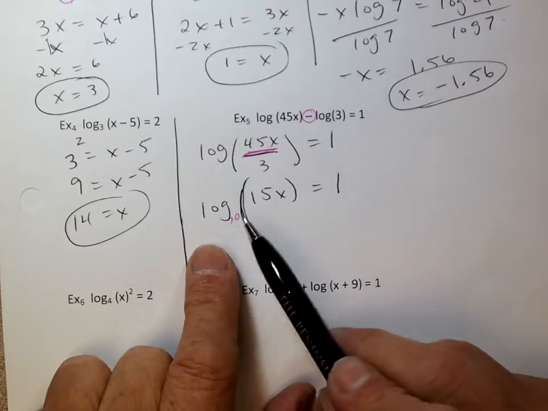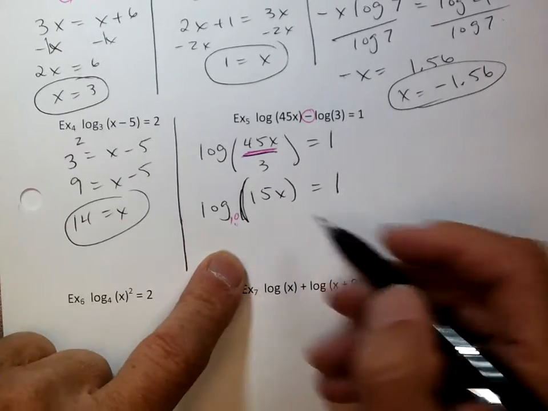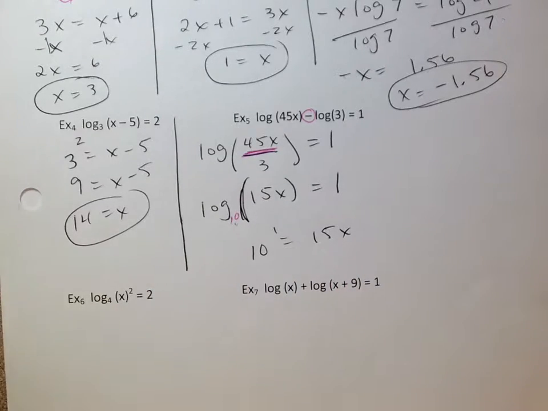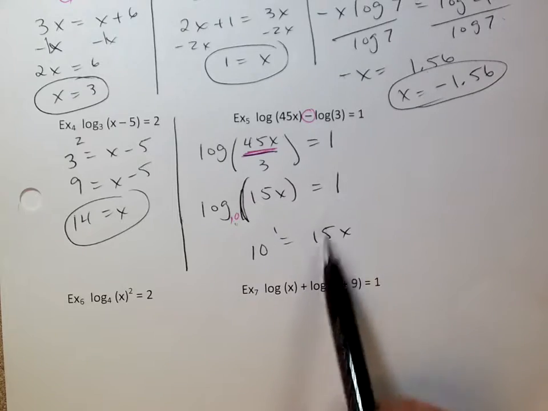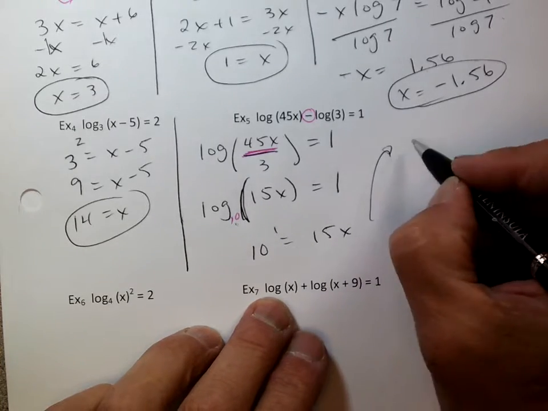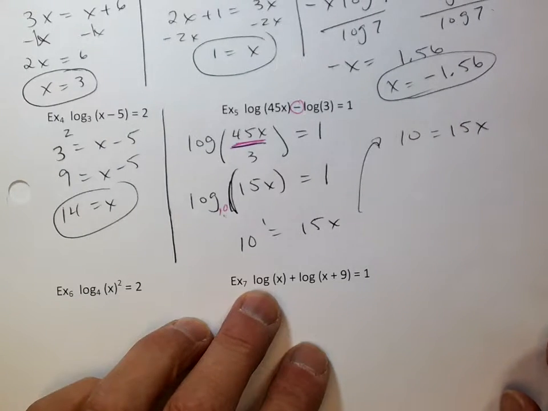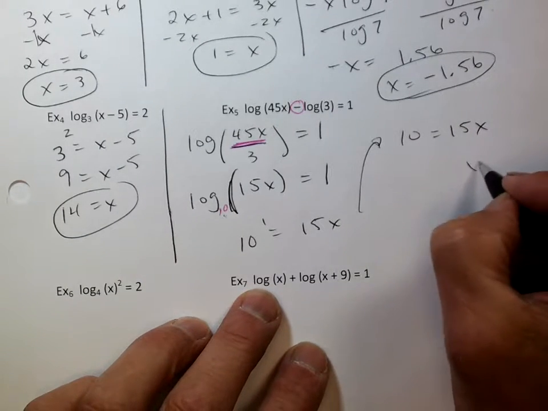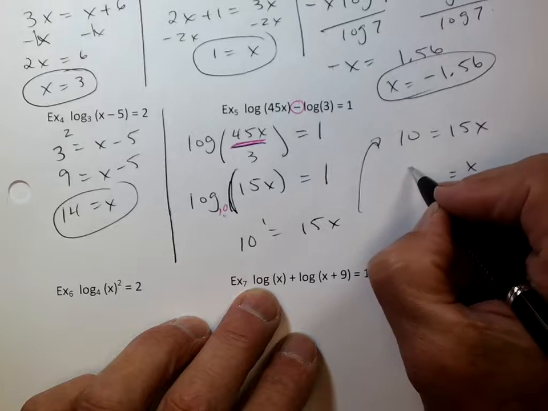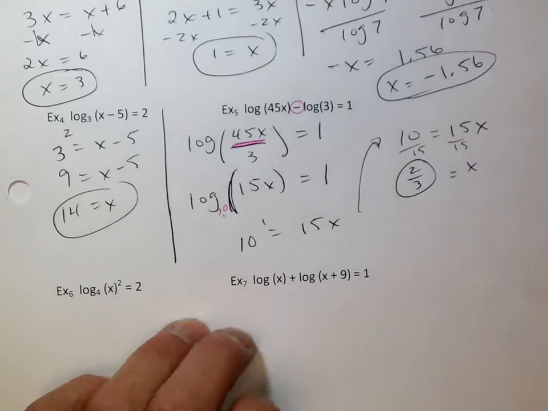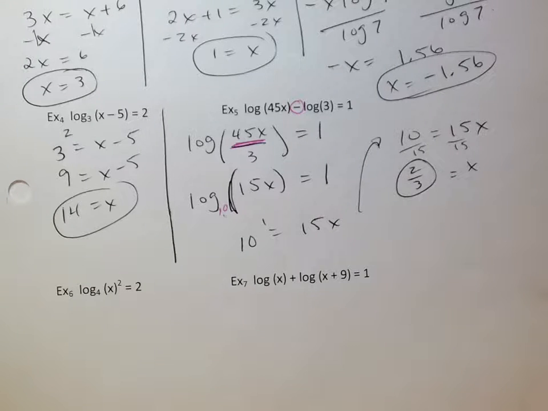So I'm going to go 10 to the 1 power equals 15x. Now it's easy, right? So 10 to the 1 power equals 15x, or 10 equals 15x. Divide by 15, and I think it's 2/3, okay? So far, so good?